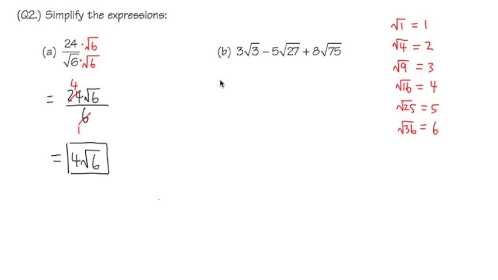For the first part, we cannot do anything with it because 3 square root of 3 is in the simplest form already. Right? The square root of 3, I cannot break it down anymore. But for the second part, let me just write down minus 5. For the square root of 27, we have to think about which perfect square here is able to go into 27.